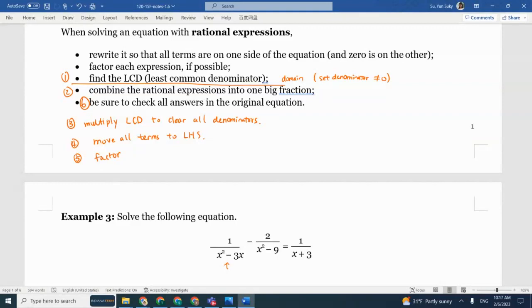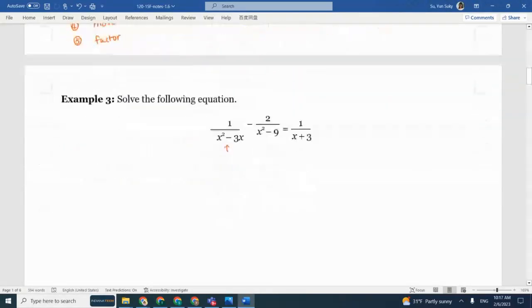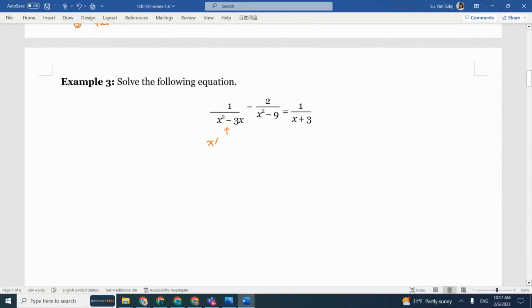X. You see, we have x times x, and then here we have 3 times x. So the common factor is x, so we factor out the x. What's left? Yeah, very good.